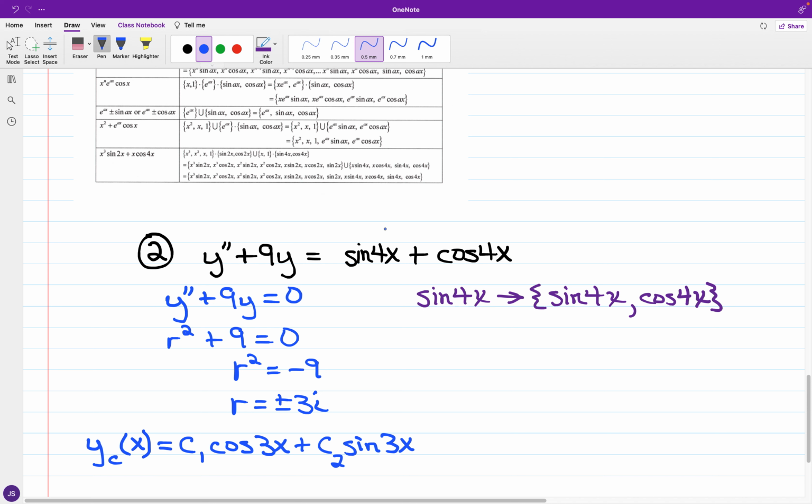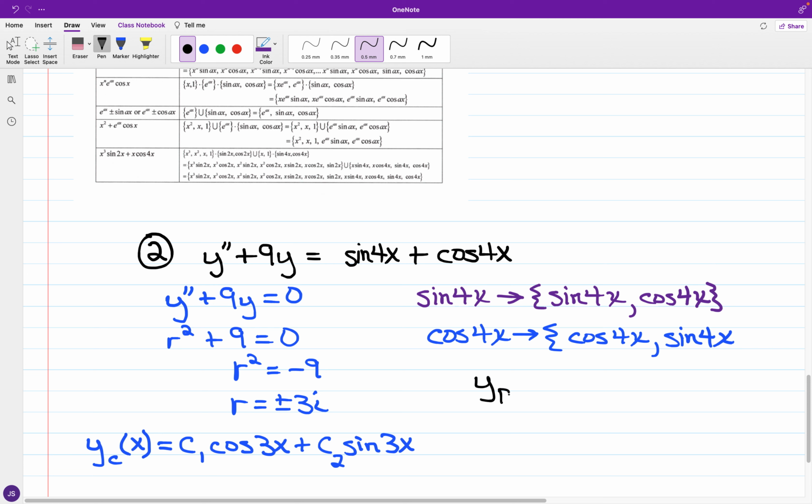And with the cosine of 4x, again, you have a bit of duplication. Family of derivatives, again, you have cosine of 4x as well as the sine of 4x. Again, we have no duplication, and that sets things up for the particular.